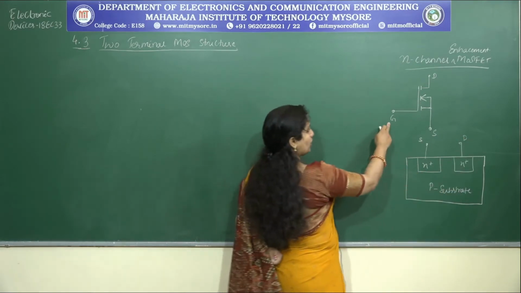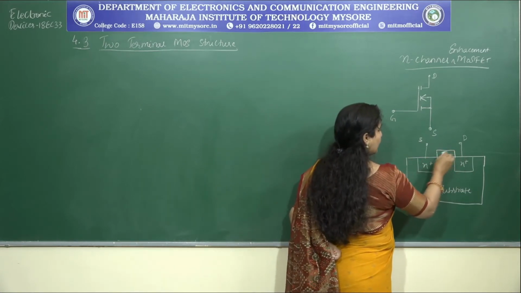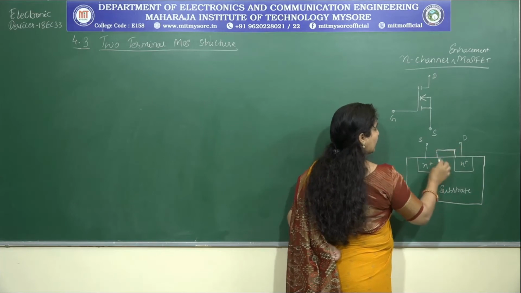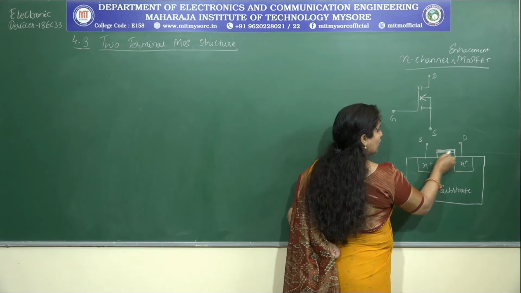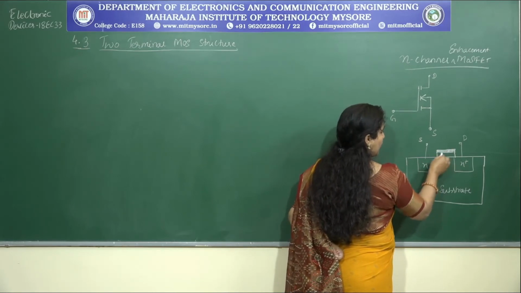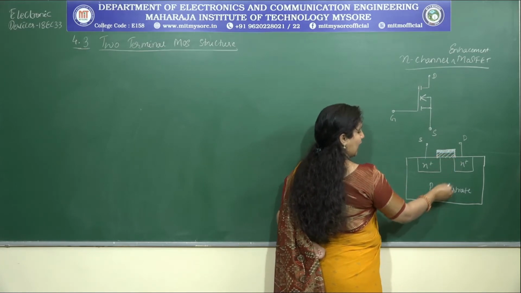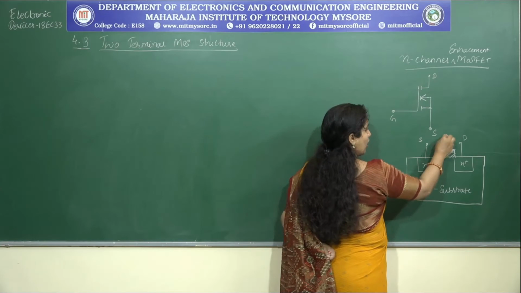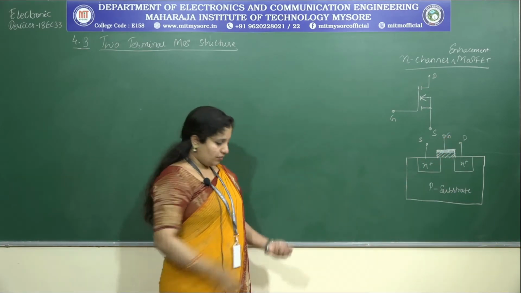And what is the other terminal that we have? It is the gate terminal. So how is the gate terminal formed? We know the name. It is the metal oxide semiconductor. Therefore, we have a metal layer which I am shading right now. Done. And then we have an oxide layer, and beneath that we have a semiconducting layer, and this is where the gate terminal is formed.